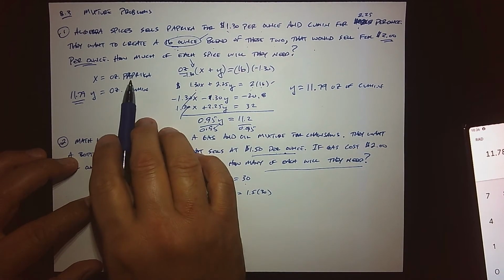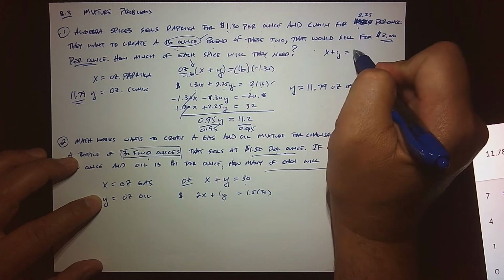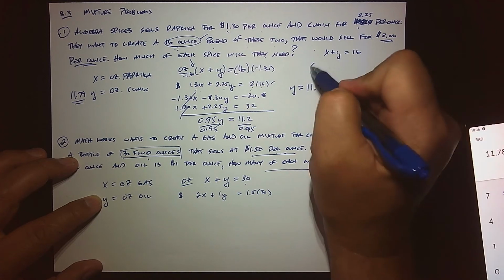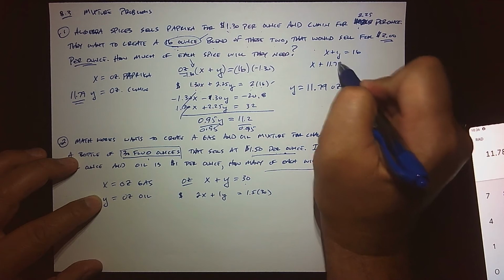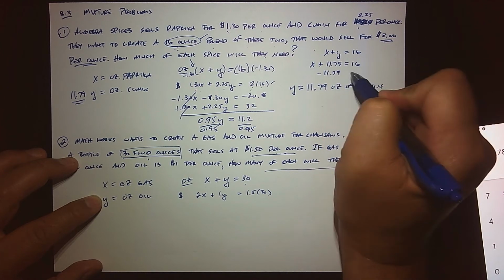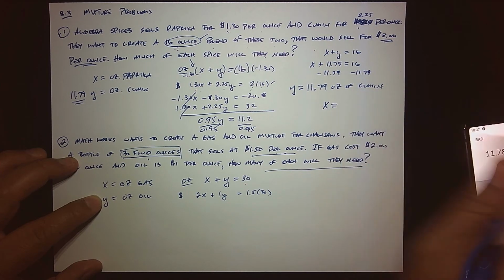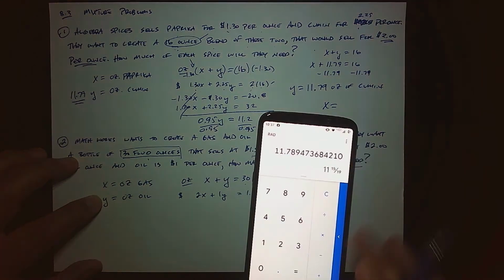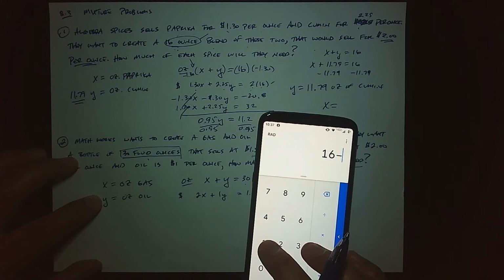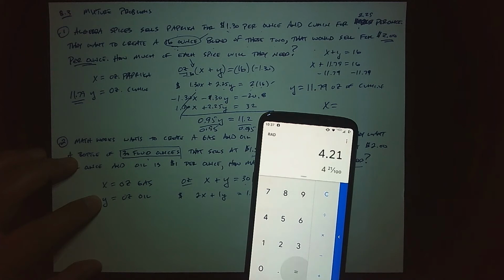So how much paprika? Well, again, we already know that x plus y is equal to 16. We just found what y is. So all I have to do is perform a subtraction to get my answer. So when we do that, let's see, 16 take away 11.79 equals 4.21.